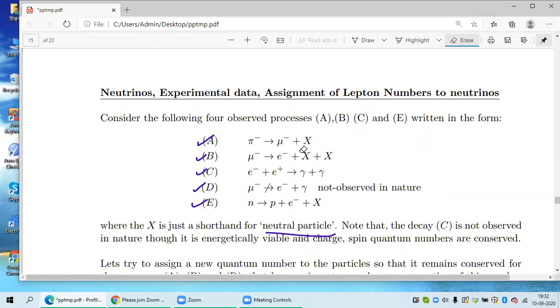This is a neutral particle, it doesn't give any track. You can only measure the mass of pion, the mass of muon, the energy and momentum of muon, etc. But this particle's energy and momentum you can't measure. You can sense its total energy at least from the total energy difference of this particle and this particle, because of energy conservation. That's all.